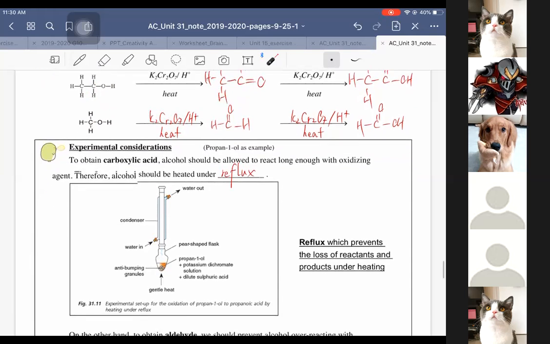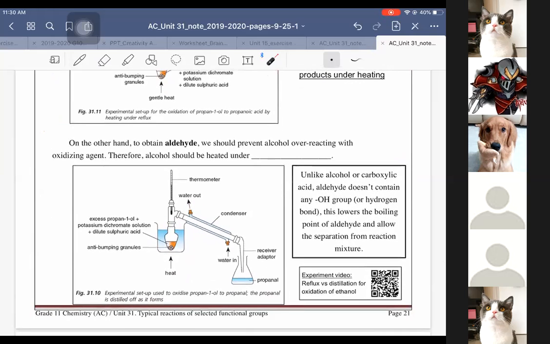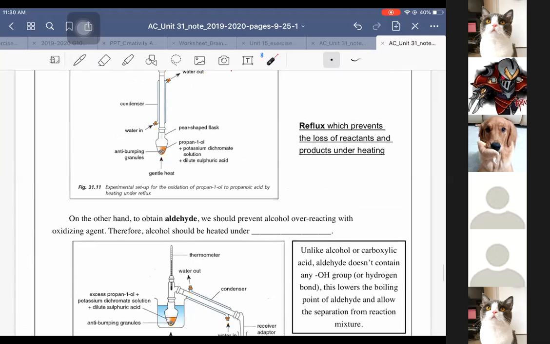Okay, so here we're going to use a different setup. This setup is called distillation. If we compare it with heating under reflux, the only difference is that we put the condenser at a different position. Here we put the condenser vertically.